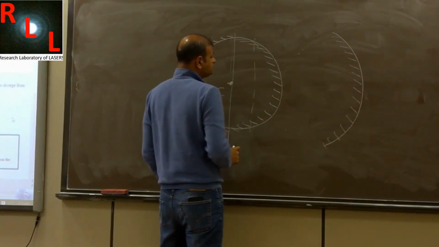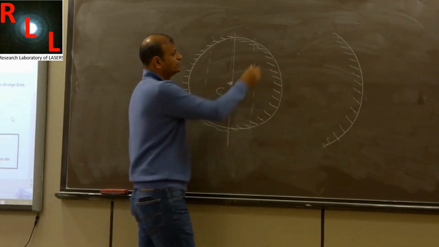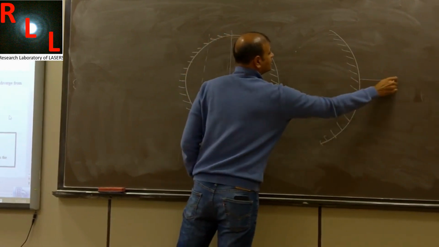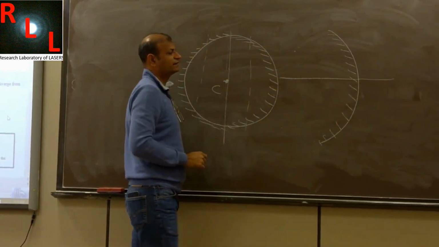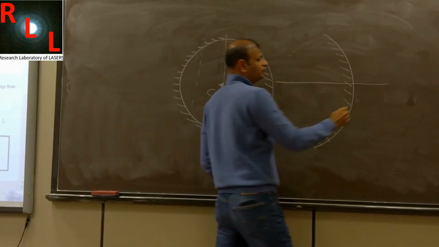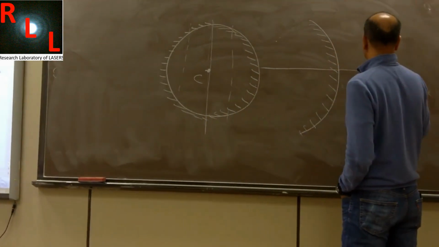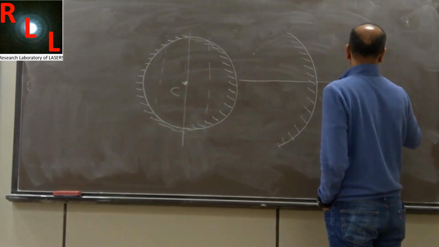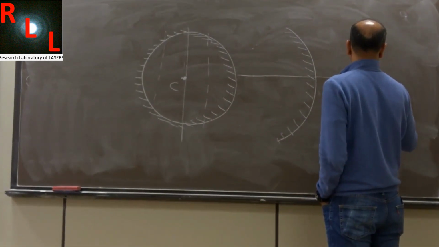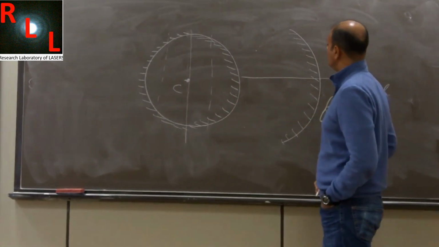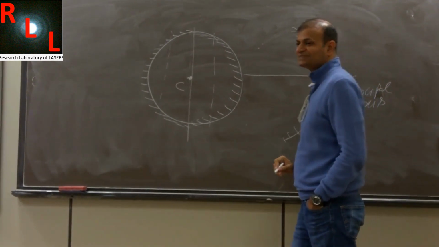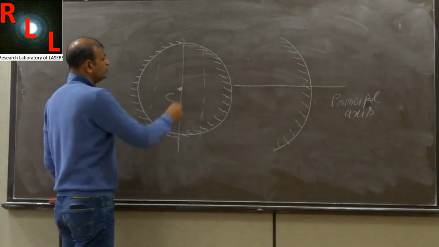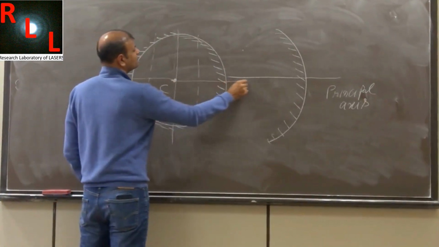Now, if this is this part of the sphere, and as I mentioned, this line we call it principal. You remember anything or not? Yes. What? Principal axis. Okay? Principal axis. You can also draw here. This line is the principal axis.